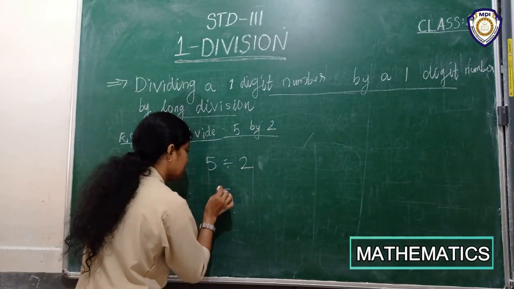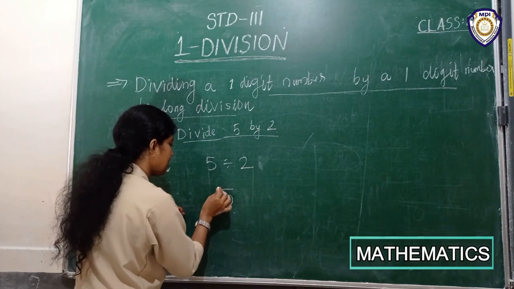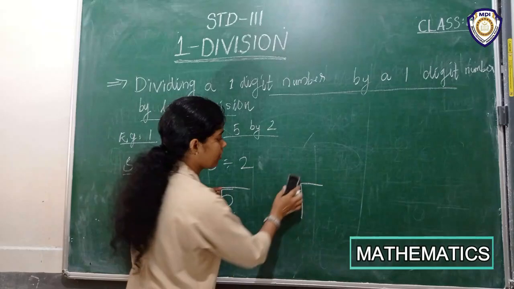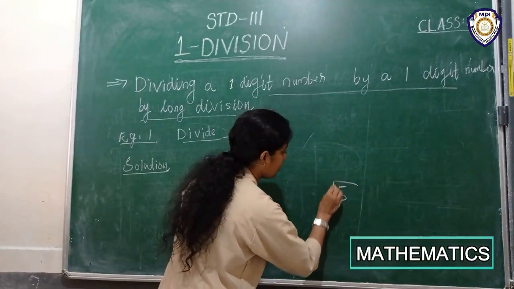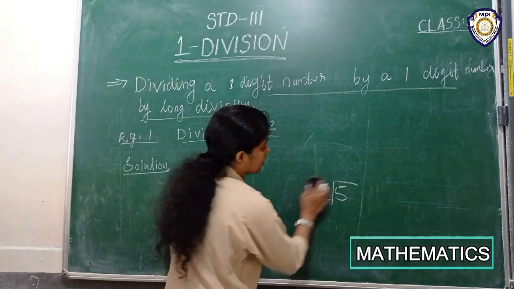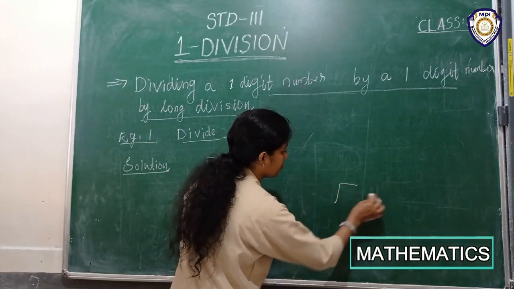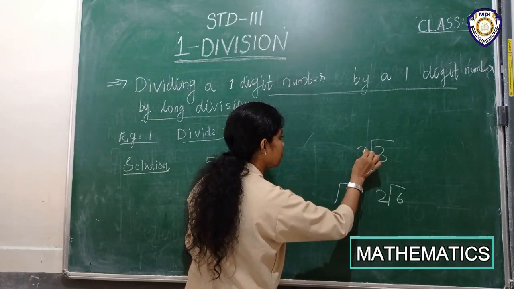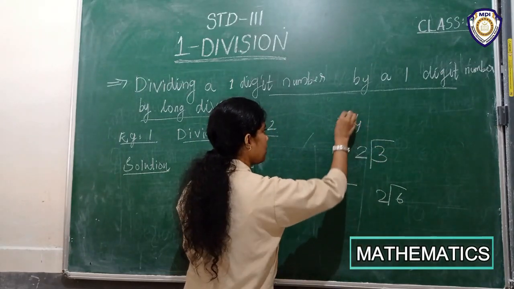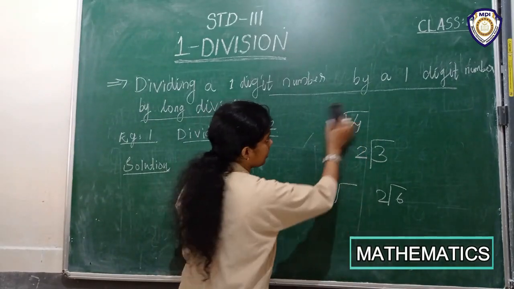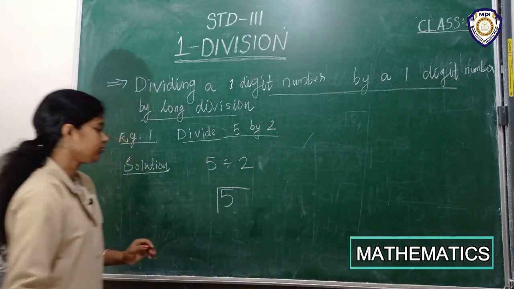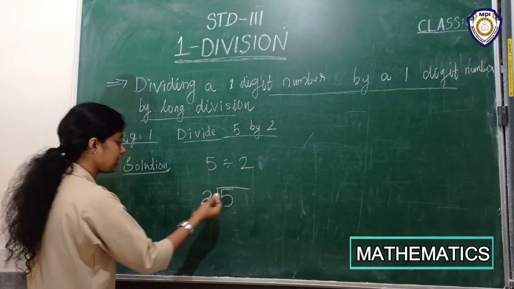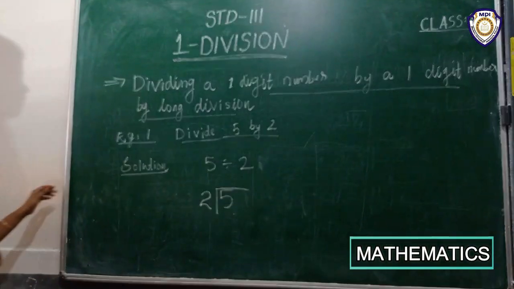Right. 5 is here, then divided by 2. Write it like this. 5 divided by 2. Write 5 here and write 2 here. Okay.